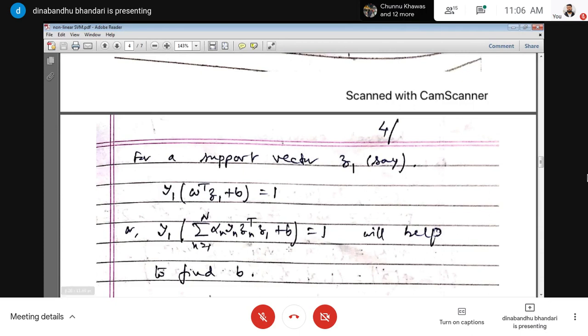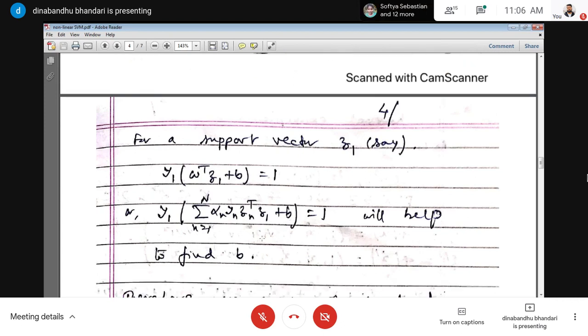And this equation contains only the dot product again, of the support vectors with the one support vector Z1. There may be other support vectors Z2, Z3. You can do the dot product, and from this equation you can find the value of B.